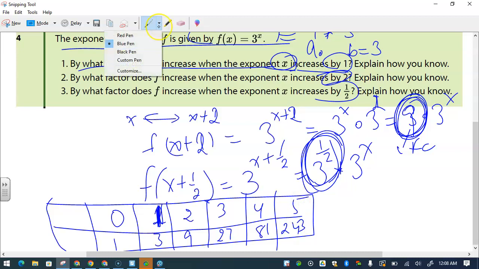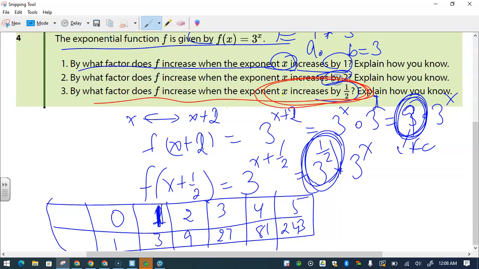So our goal is to understand the meaning of this part. What is the meaning of x increasing by half? That means in between, there is a half. So from here to here is 3, and we need to have two parts here, 1 and 2. What is that? Twice you multiply. I'll call it b.